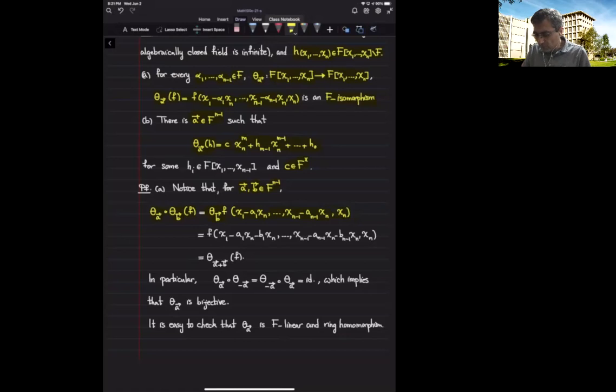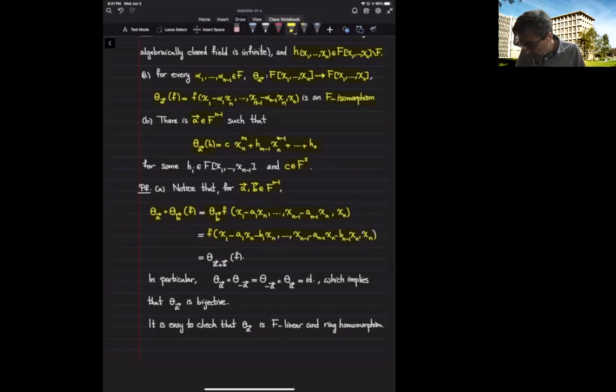So this means I need to evaluate f at the first coordinate of this minus b1 times the last coordinate. The second one minus b2 times the last one. The n minus 1 term minus b sub n minus 1 times the last term. And the last term doesn't change. So altogether, we end up getting this.